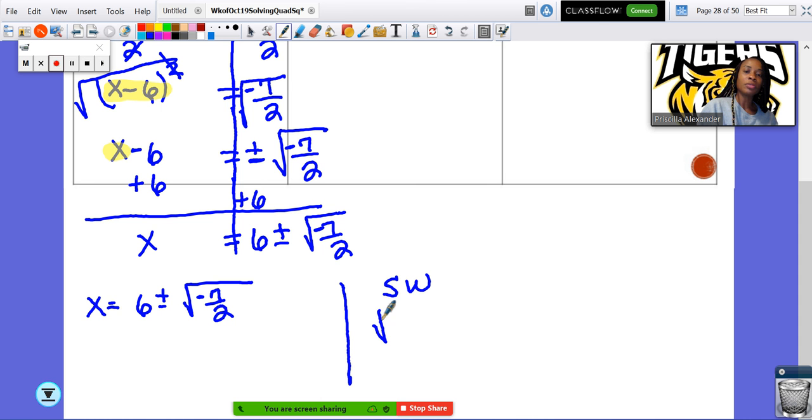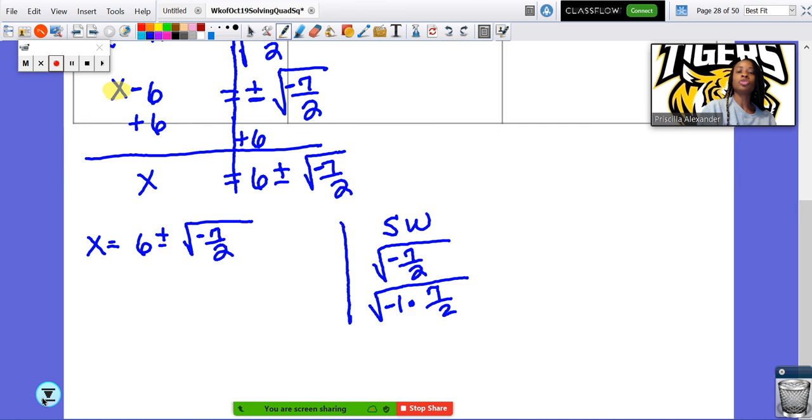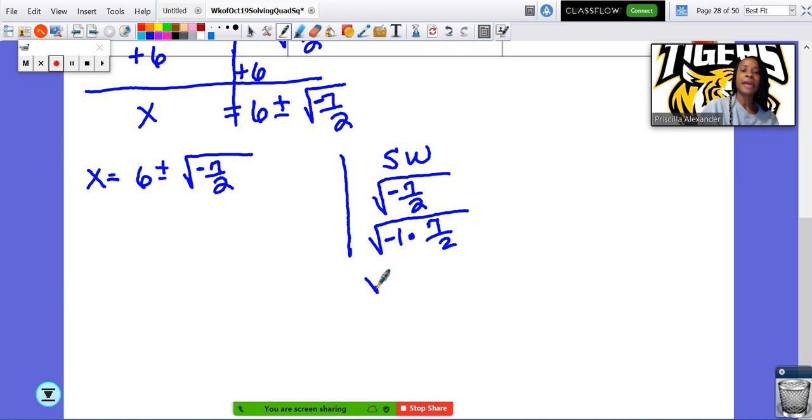So I have to do the square root of negative 7 over 2. Well, we learned that anytime we see the negative sign under the radical, we do negative 1 times whatever the number is. And what we do know is that negative 1 is the same thing as i times 7 over 2.